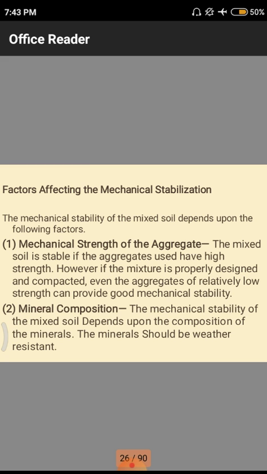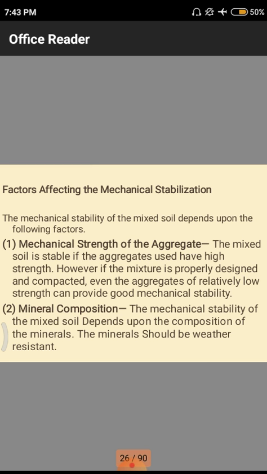Because if the soil is in strengthy condition, then only it can bear the loads. If the soil is very weak, automatically it will not bear the loads, and we have to go for another land. So we are mixing some quantities of aggregates with the existing soil, then only we can strengthen the soil.